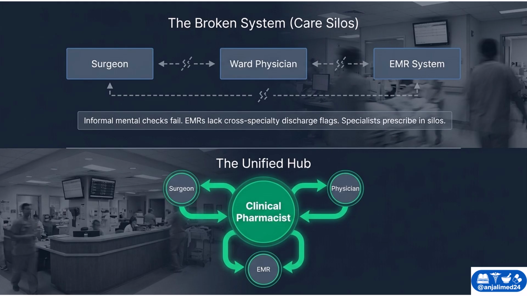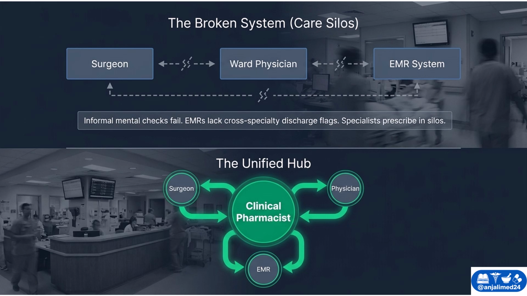Now look at the lower section, the unified hub. Here, the clinical pharmacist acts as the central coordination point connecting the surgeons, physicians, and the electronic medical record system. Instead of fragmented decision making, the pharmacist creates a closed-loop medication safety network.